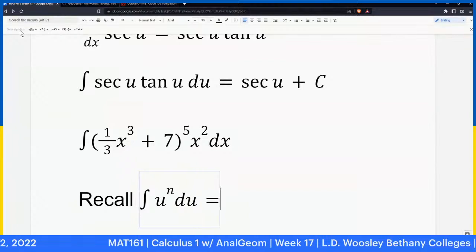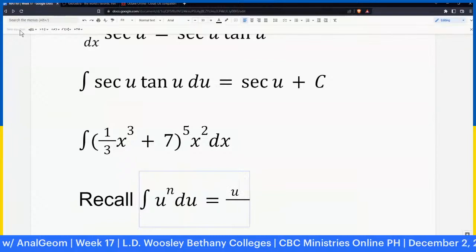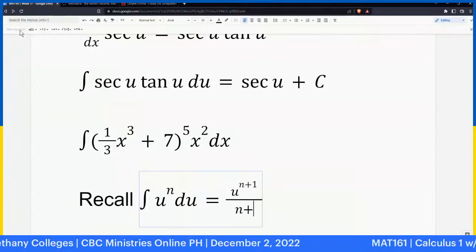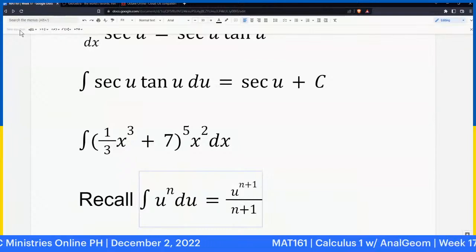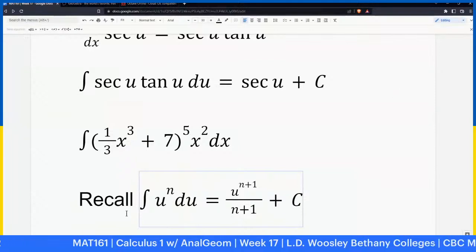Du is equal to U raised to N plus 1 all over N plus 1, plus C. So the question is, what is U? What is du?